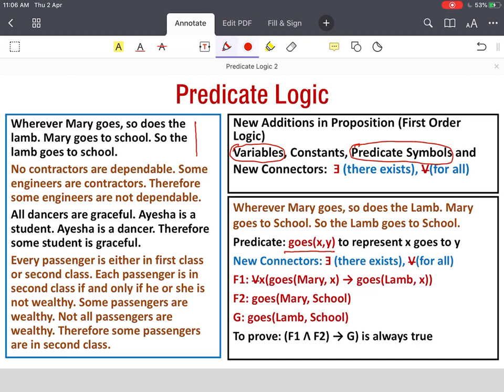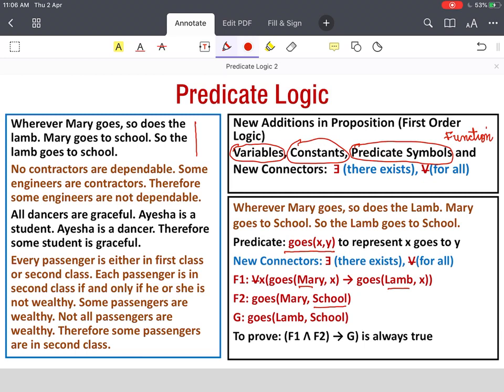We also looked at variables, where x and y here are variables. We also looked at constant symbols. For example, in this case, Mary is a constant symbol, lamb is a constant symbol, school is a constant symbol. And we will see that there are other symbols like function symbols, and we shall see that later in this lecture.